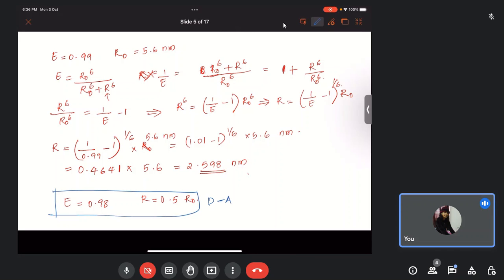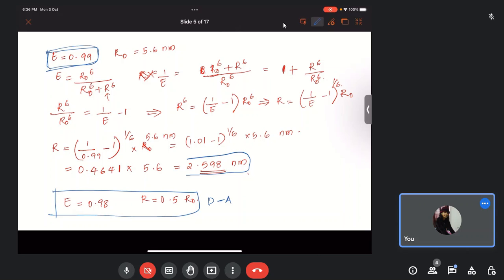And here we have E at 0.99 and you see the R value to be 2.55 nanometer, which is around half of your Förster distance, or slightly less than half of the Förster distance. Half of 5.6 is around 2.8 and this is slightly less than that, around 2.6 nanometer, right? That's because your FRET efficiency is around 0.99.